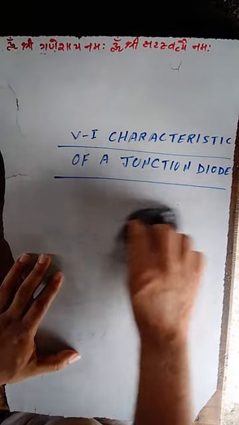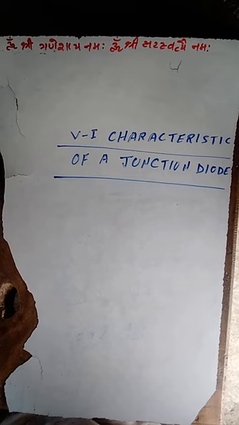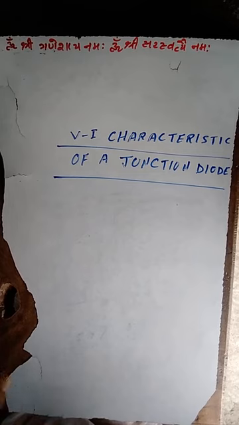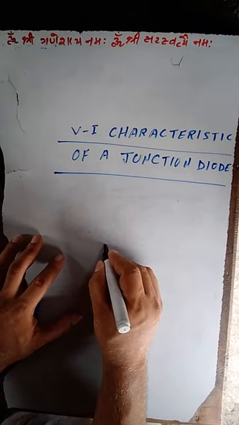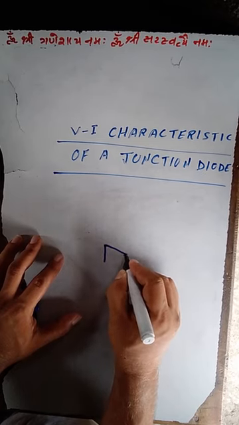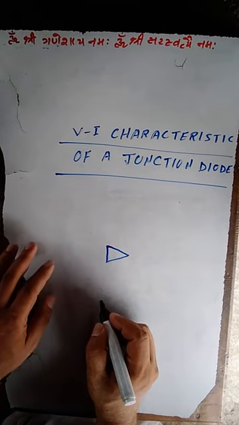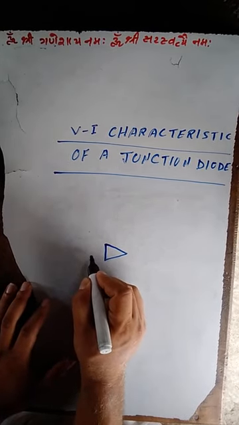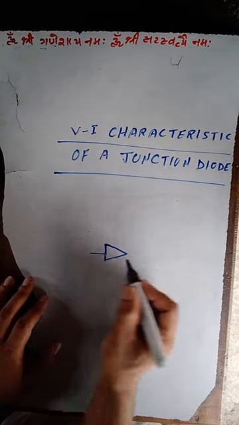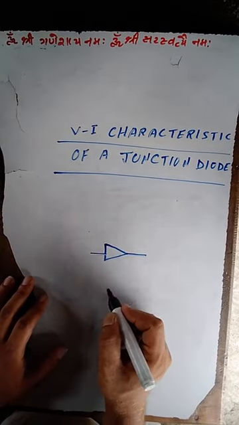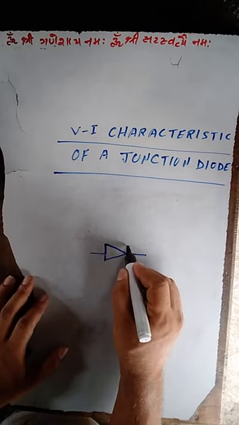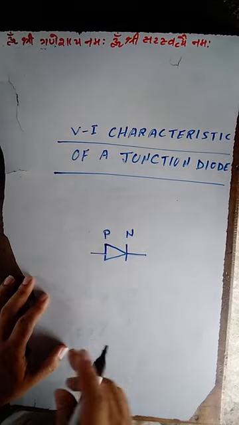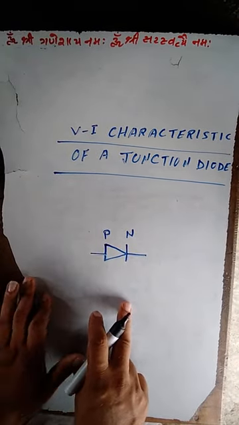Circuit arrangement for this is as follows. We take a PN junction diode. This is our PN junction diode, and this is the P and this is the N of the PN junction diode.